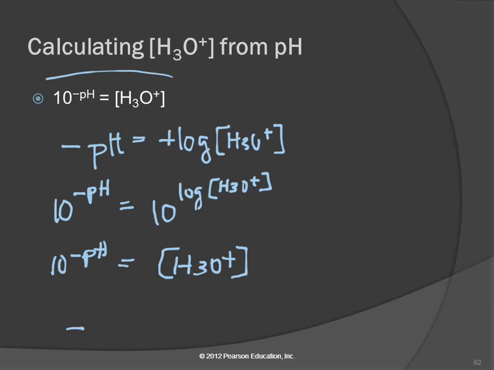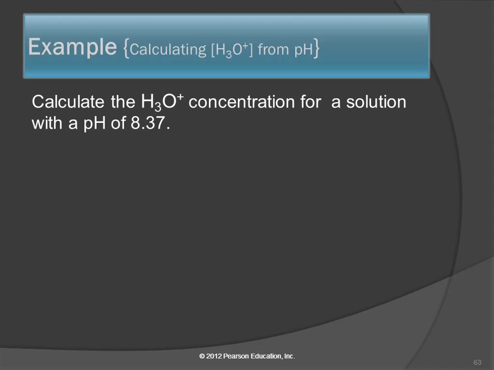So this is the equation. Calculate the hydronium ion concentration for a solution with a pH of 8.37. So pH equals 8.37. Then we have to use this equation that we just looked at.